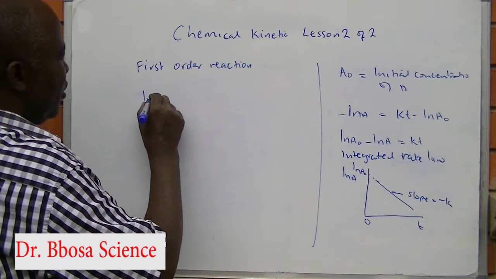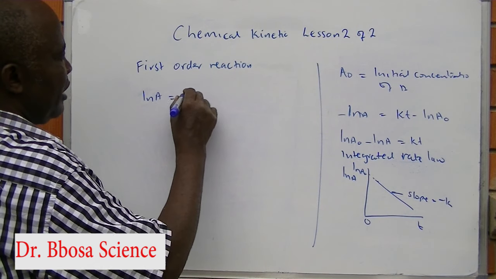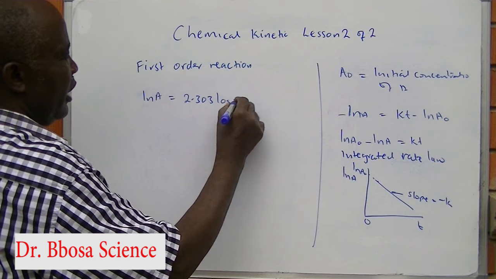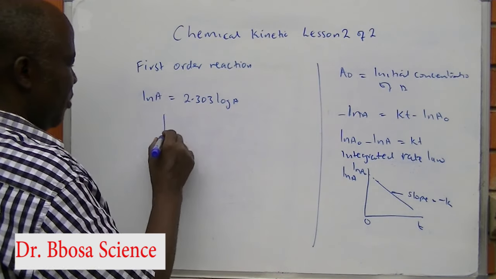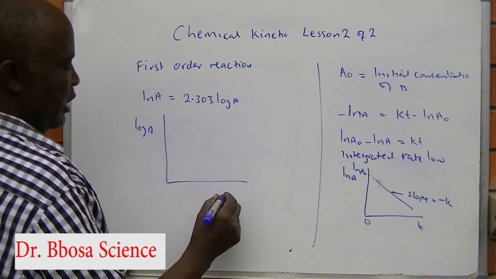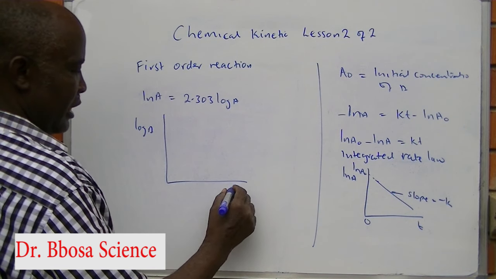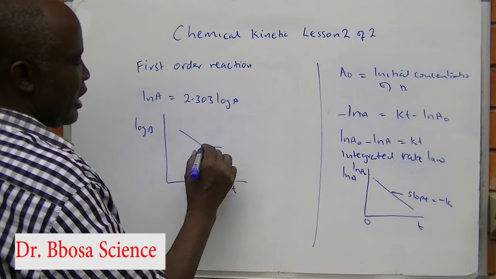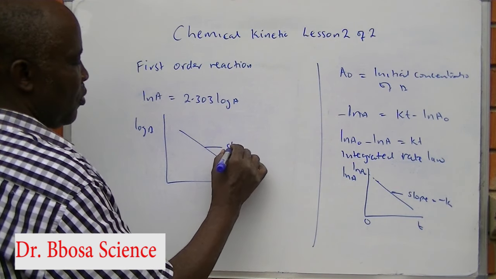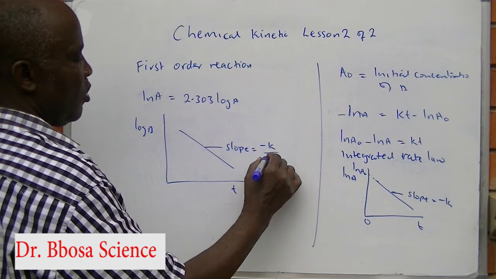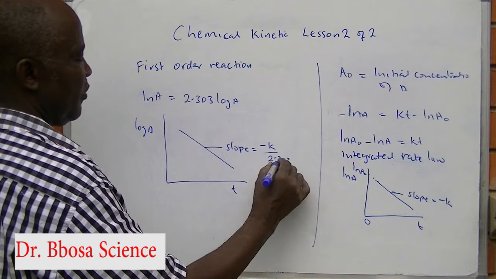But natural log A is the same as 2.303 log A. So when you plot log A against t, we get a straight line. This time the slope or the gradient is equal to negative K over 2.303.